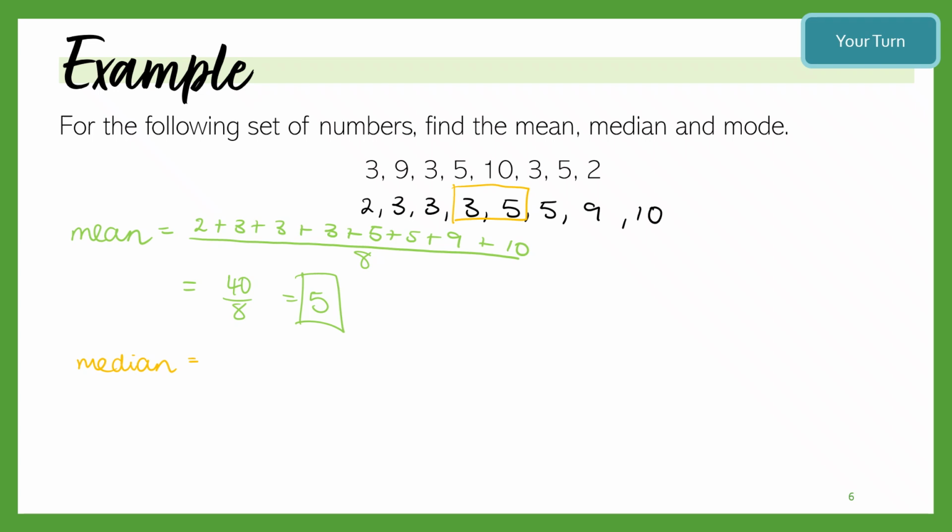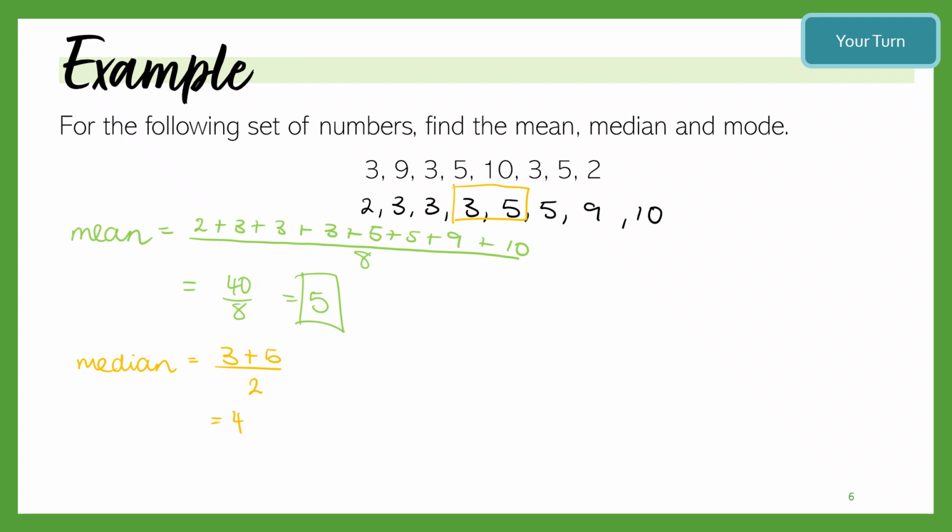If I take out just the 3, I have the opposite. So I have to consider both of them to even out those 2 sides. Now what I do is I find the average of those 2, and that should not be over 8, that should just be over 2. And that's going to be equal to 4. Okay, so my median in this case is 4.